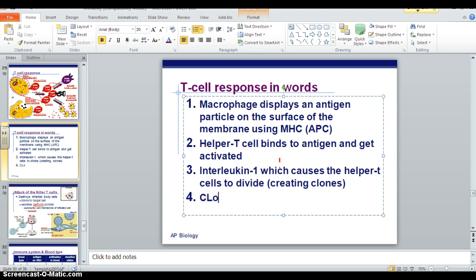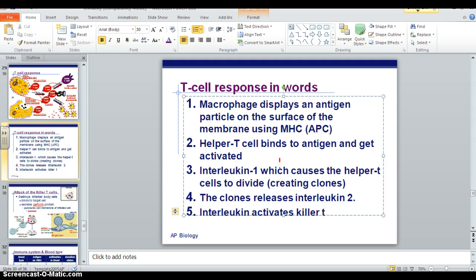These clones release interleukin 2, and then interleukin 2 activates the killer T cells and B cells, which can make antibodies and trap more of the antigens that are just swimming around in the cell. So you can write that in there.